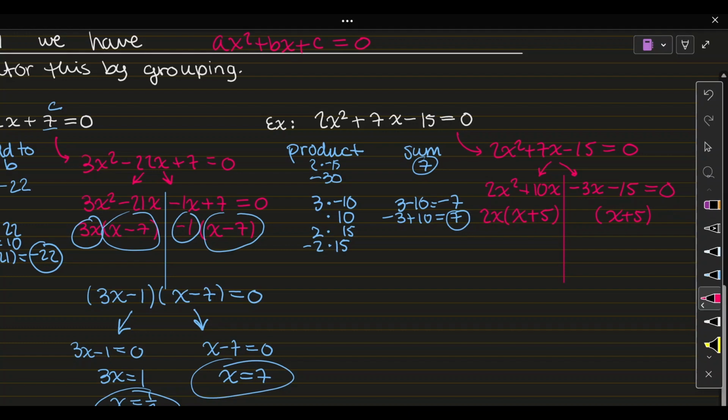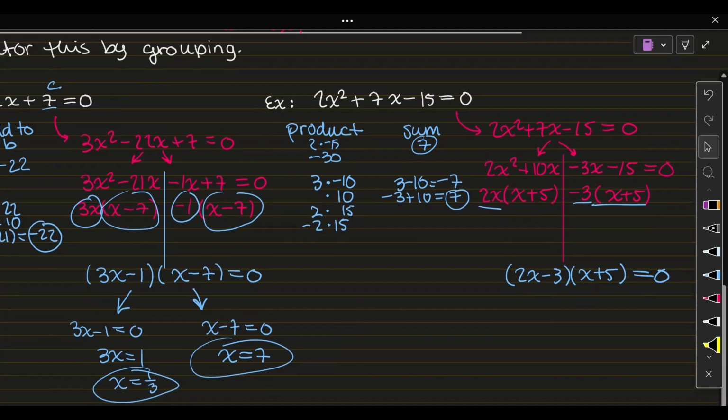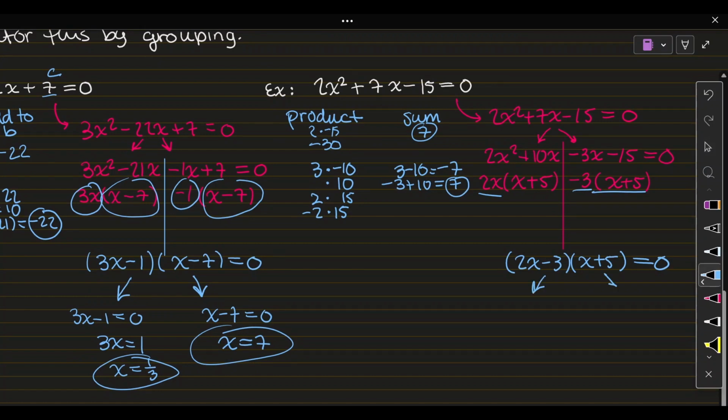Well, if I factor out a -3, this becomes x, and this becomes plus 5, so I'll factor out a -3. And now I can rewrite the factored form as 2x minus 3 times x plus 5 equals 0.